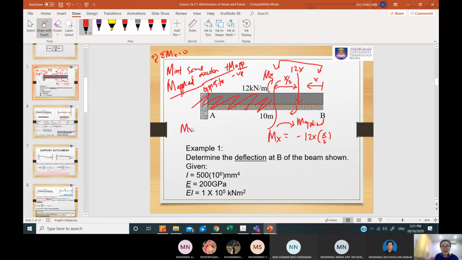You write MX plus 12X times X over 2, then you write MX equal to minus 12X times X over 2. So I want to skip this step and directly write my bending moment. But still you need this knowledge. This knowledge is important.